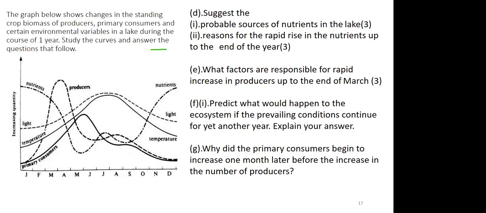No, they will increase until all the nutrients have been exhausted. Therefore, they will also start decreasing. But starting from the new year, from January, it is going to increase. The number of producers will increase because the nutrient content is high. They feed on the nutrients, and light is more optimum, and other growth factors are available.